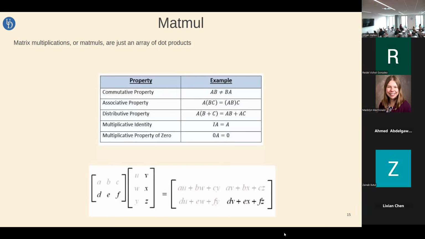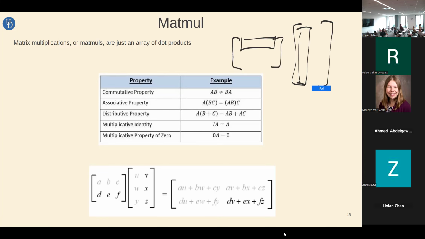Precisely because of matmuls. Matrix multiplication is really just an array of dot products. The formula highlighted at the bottom may be hard to follow, but you're essentially dealing with the rows of one matrix against the columns of another.